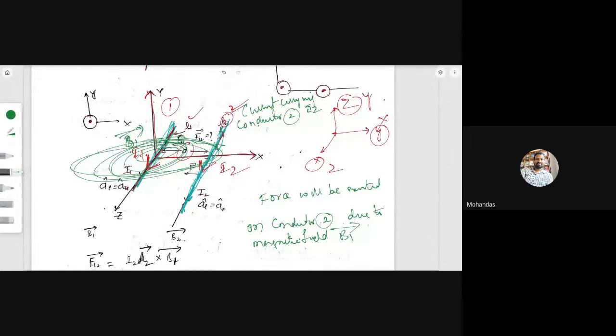That force is written as F12. The notation is important. What is this F12? Force on conductor 2 due to magnetic field B1.